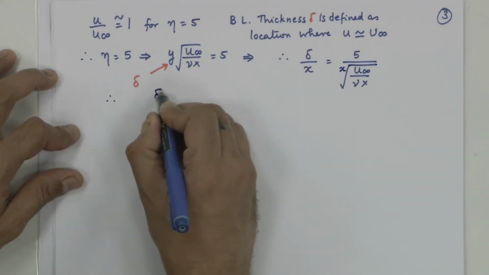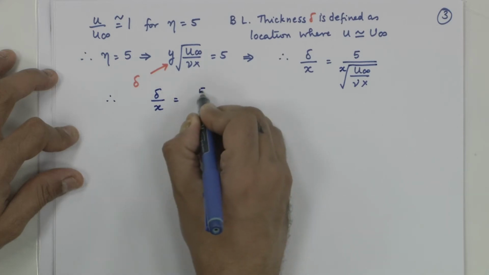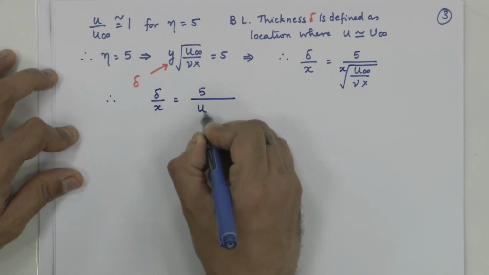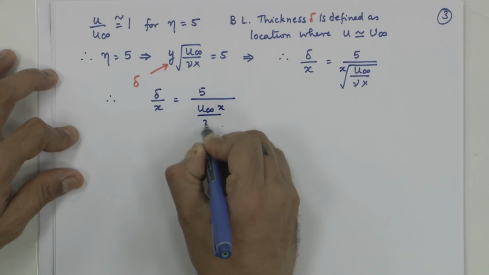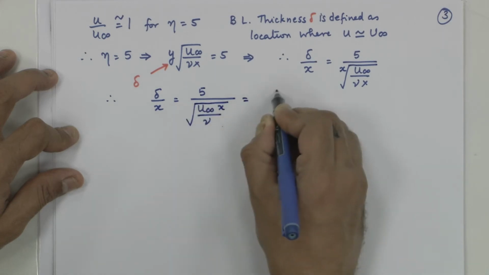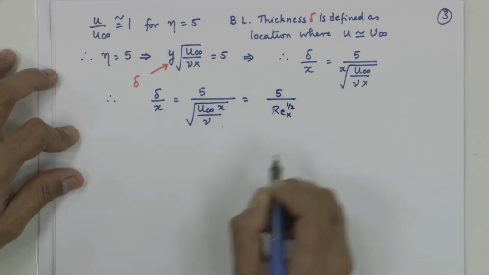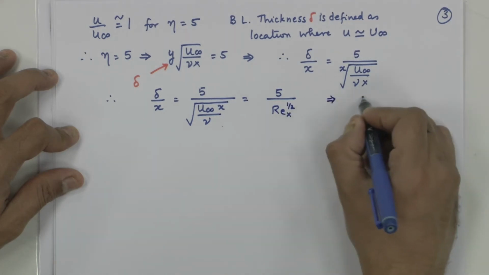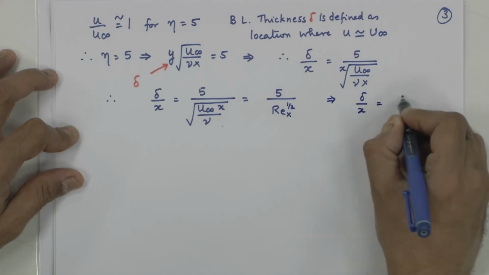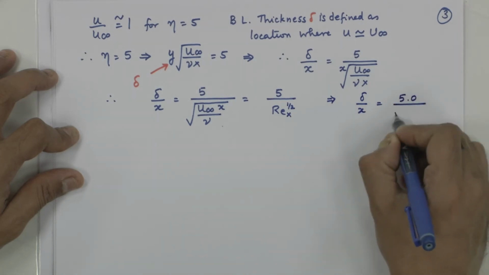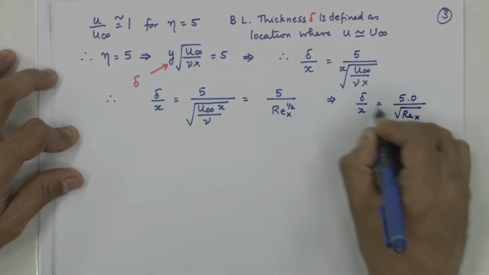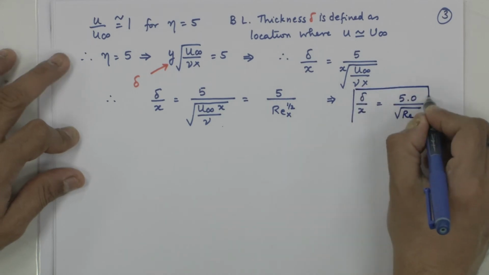Therefore, delta over x is equal to 5 divided by root of u infinity x by nu. This is 5 divided by Re to the power half. Therefore, delta by x is equal to 5 divided by square root of Reynolds number.